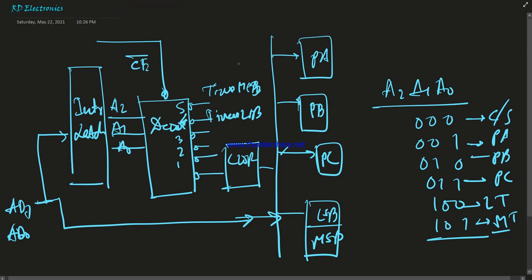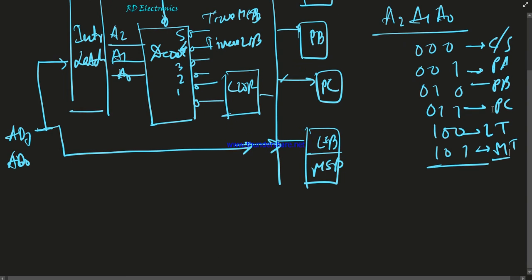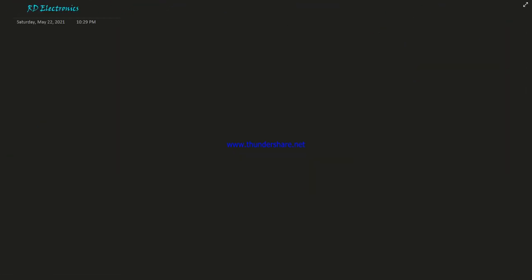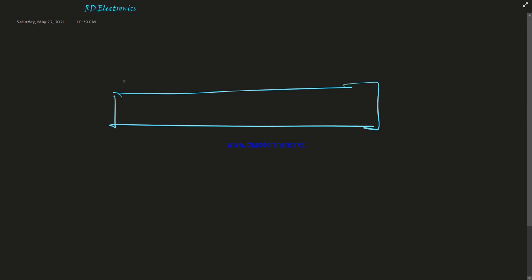Next, we discuss the control word format of the 8155. Basically, the control word register is an 8-bit register, from D7 to D0. Now D7 and D6 are taken together. 00 means no effect on the timer.